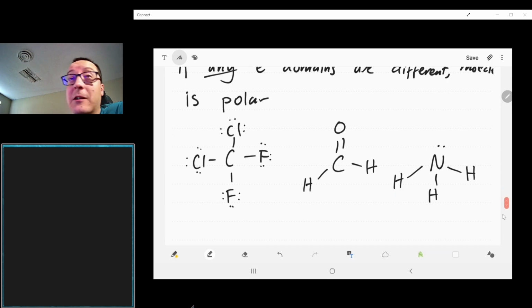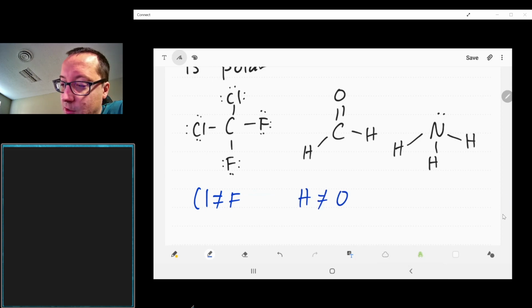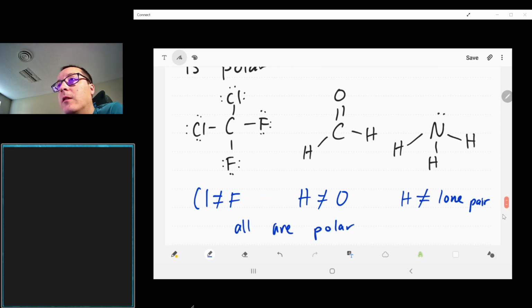And a lone pair, remember, does count as a domain. So here we have chlorine is not the same thing as fluorine. Hydrogen is not the same thing as oxygen. And hydrogen is not the same thing as a lone pair. So all of these are going to be polar. We have domains that are different on our central atom, and as a result, these are going to be polar molecules.